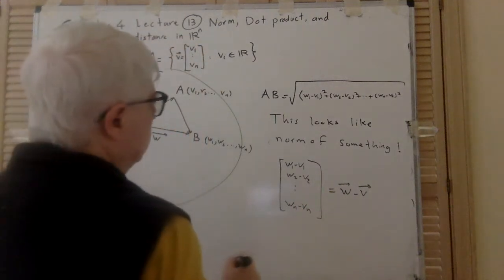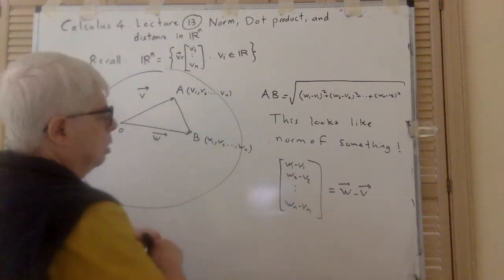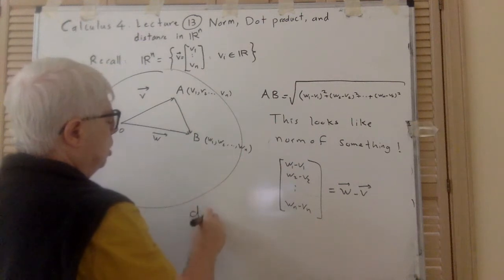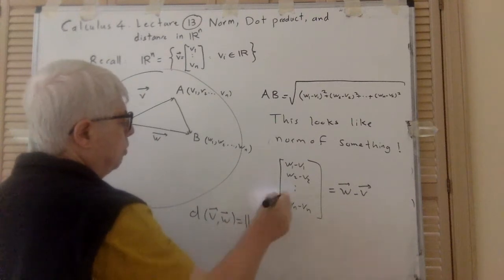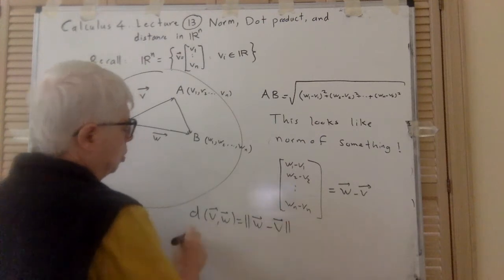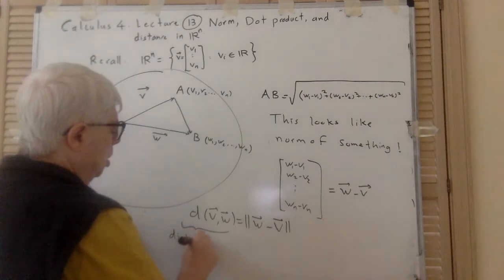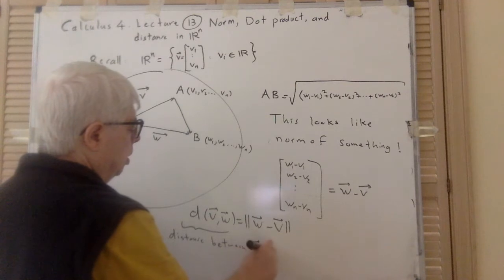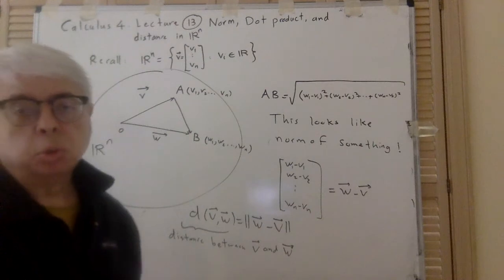So we define the distance between these two vectors to be this thing. We define distance between V and W to be the norm of W minus V. So this means distance between V and W, which in a sense means distance between the two endpoints.